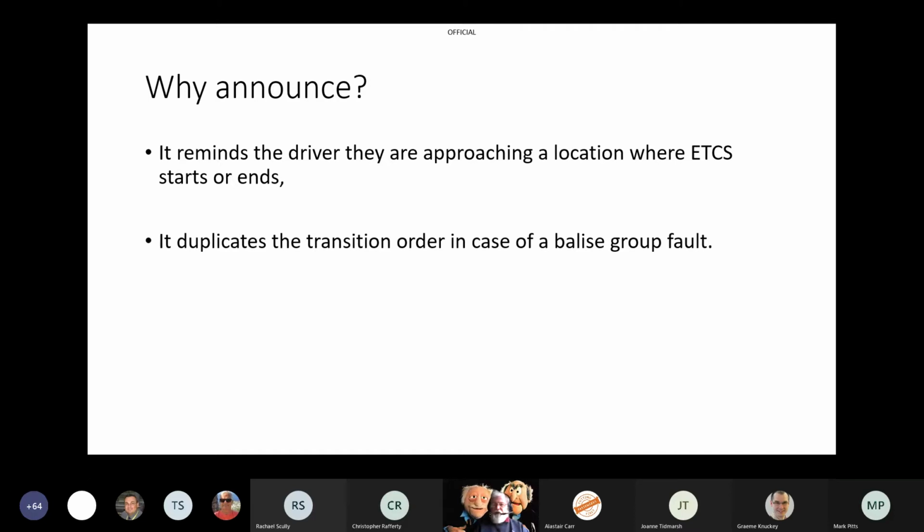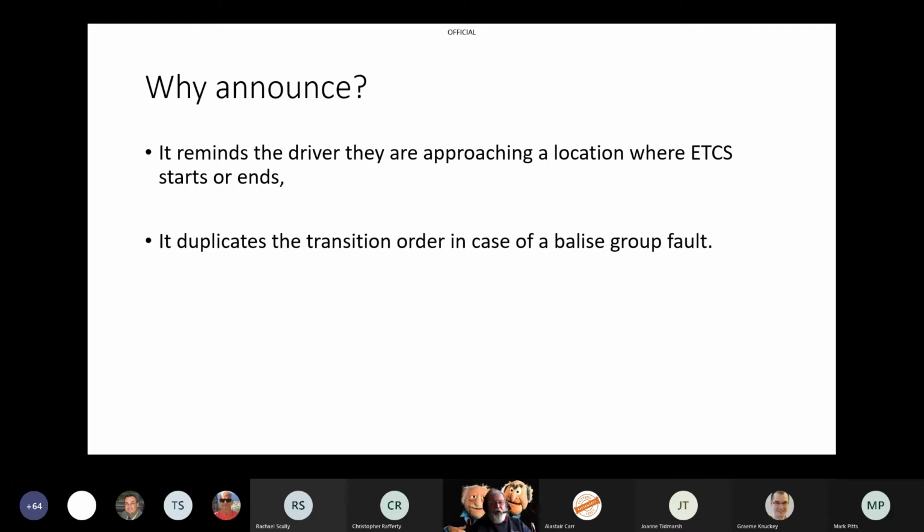And the way the hazard is normally managed with ETCS is to use a duplication of the information, either by duplicating the balise group or by sending the information by two diverse means so that as long as one gets through, it will be actioned.